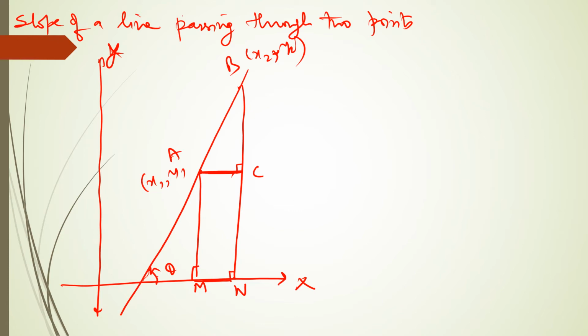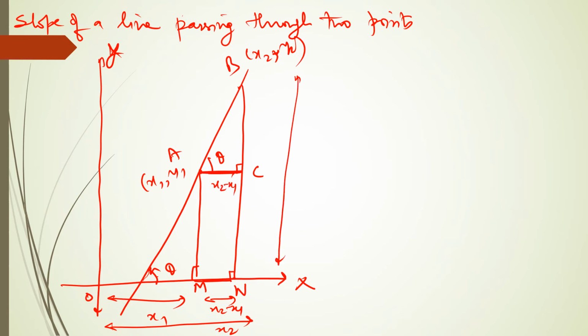This is angle theta, and this is also equal to theta, as these are corresponding angles. Here we consider OM as x1 and ON as x2, so this will be x2 minus x1. Here we consider BN as y2 and CN as y1, so BC will be equal to y2 minus y1.